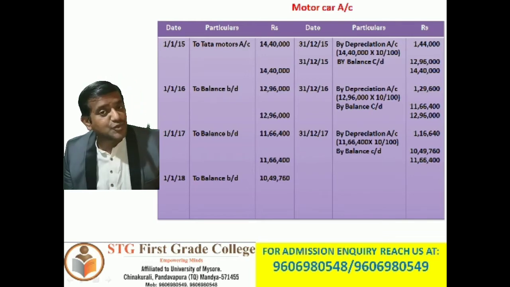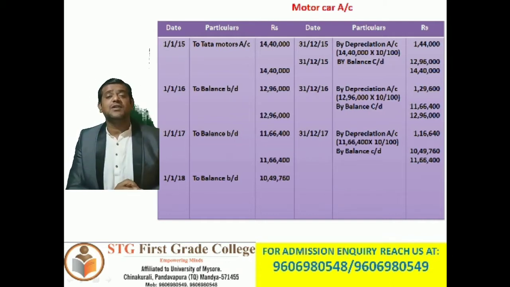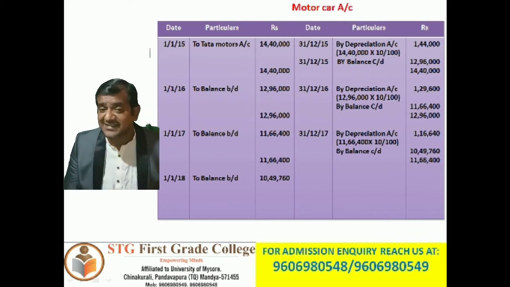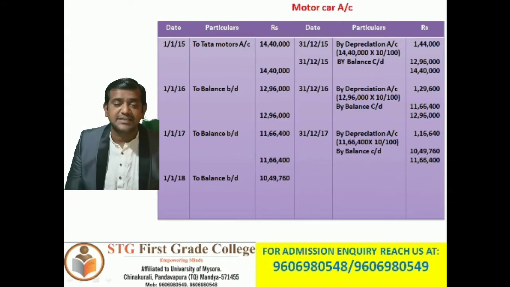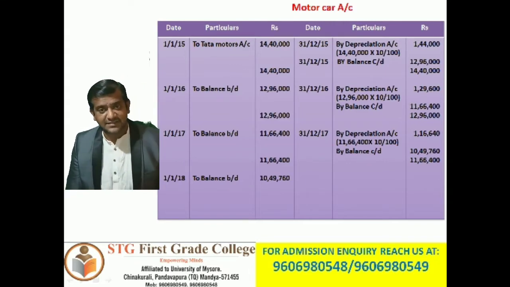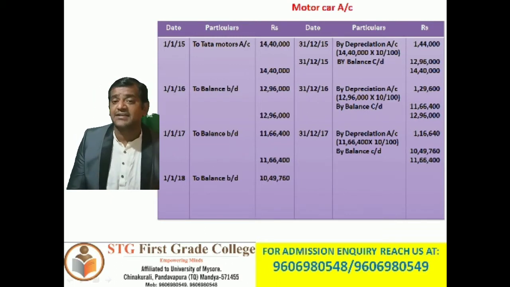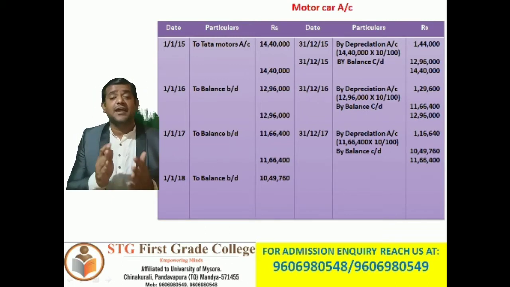So that comes to 1,29,600 rupees. Clear? On the same date, 31st/12/2016, deduct 1,29,600 from 12,96,000. So the difference you get is 11,66,400. That is by balance carried down. So by balance carried down, how much?